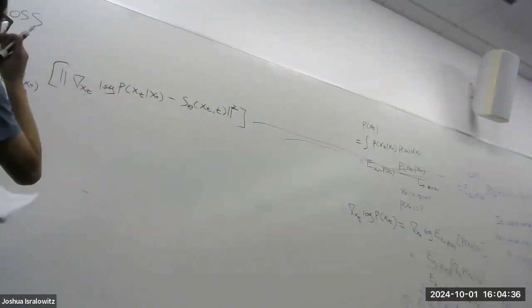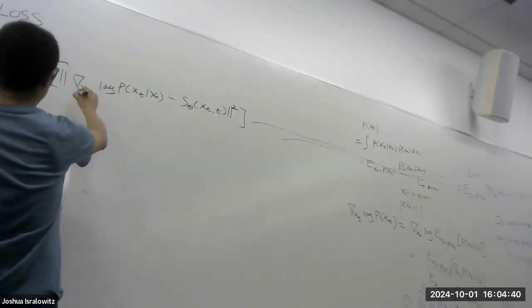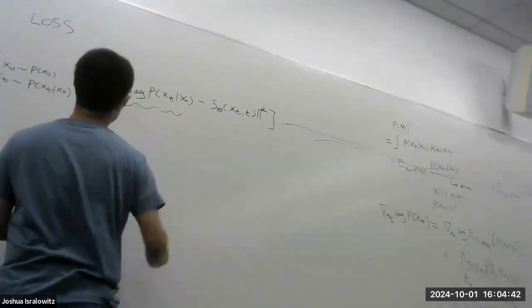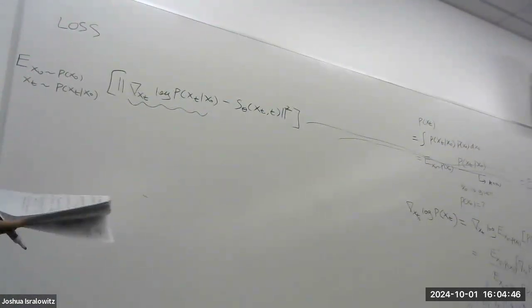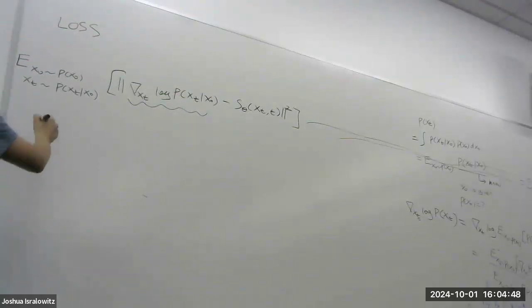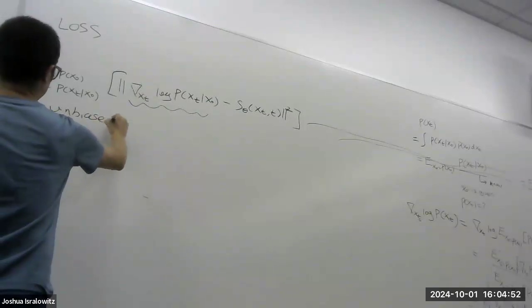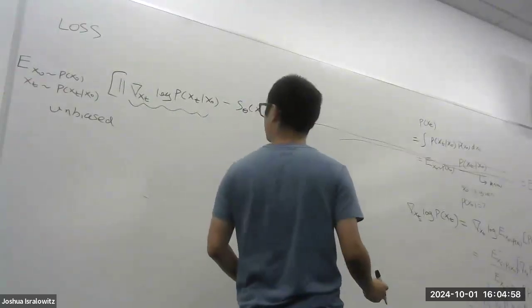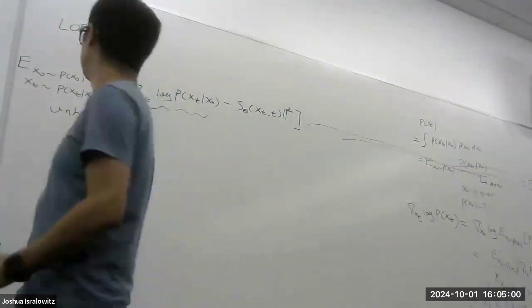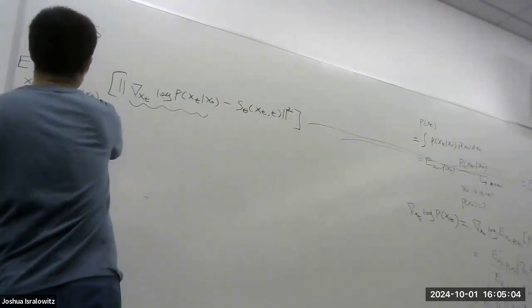And we have this analytical result right here, so that will be great just for training. And the most important part, this is unbiased. Unlike the one that we use right here, this one actually is unbiased.